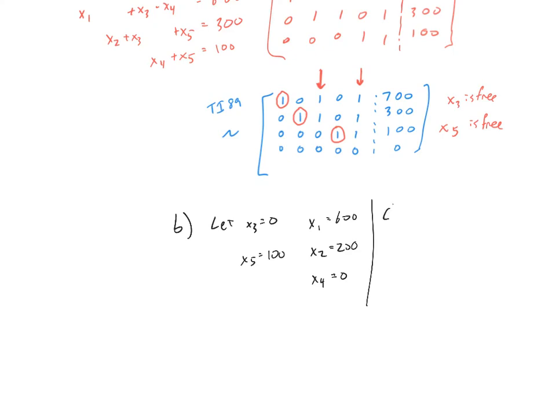And then for C, if x3 is 100 and x5 is also 100, then x1 has to be 500, x2 has to be 100, and x4 is 0. Okay, so given those 2 different setups, that's what the rest of the system looks like.